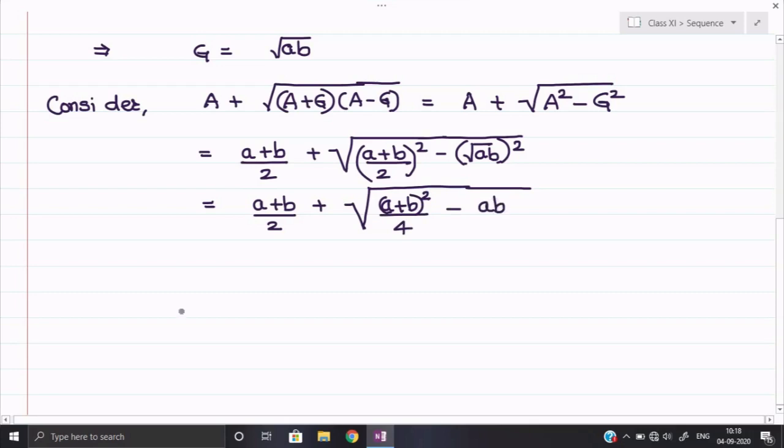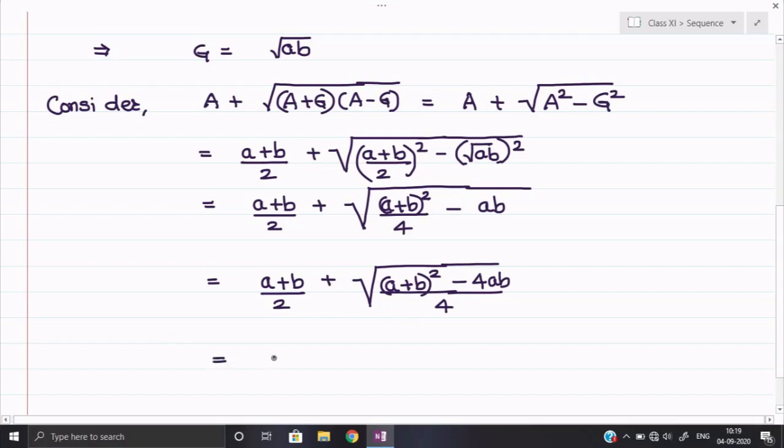Let us simplify more. So this will be (a plus b) upon 2 plus under root of ((a plus b) whole power 2 minus 4ab), I am taking the LCM here, and whole divided by 4. Right, now we should open the (a plus b) whole square. Okay, I am just simplifying, nothing else.